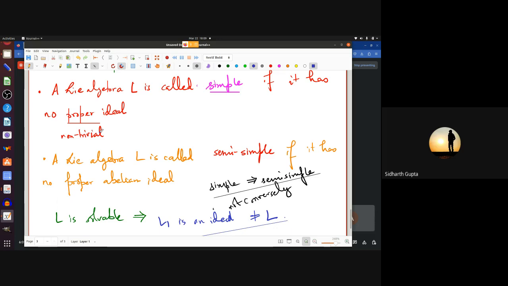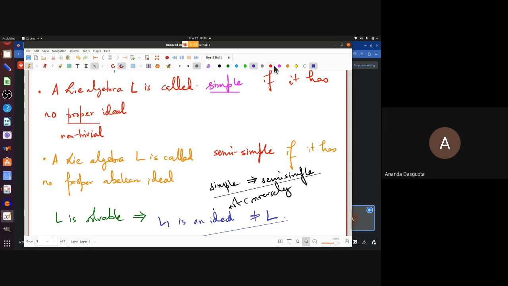So this conclusion that if L is solvable, it will not be simple, meets a barrier here. Because we definitely know that if L is solvable, then L1 cannot be the trivial subalgebra that is L itself. It could very well be the other trivial subalgebra, which will be the case for abelian groups.